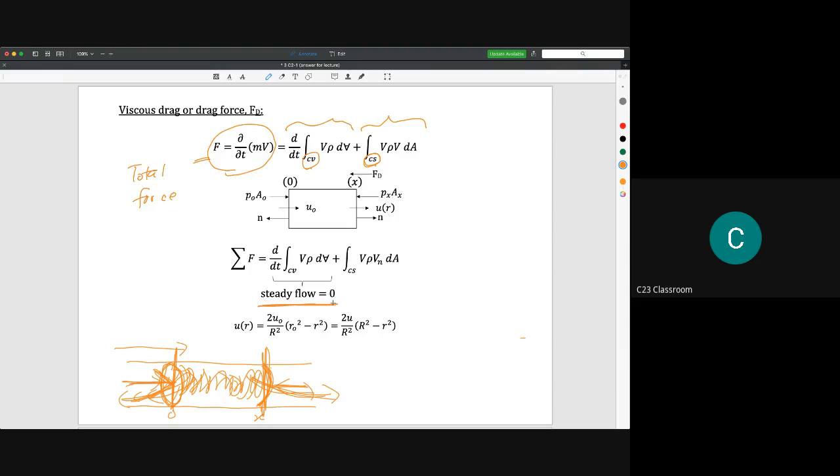How do we determine whether the control volume or the control surface exists or not? It depends on the situation and your application. In this application we have a pipe, and a fluid flowing inside the pipe.